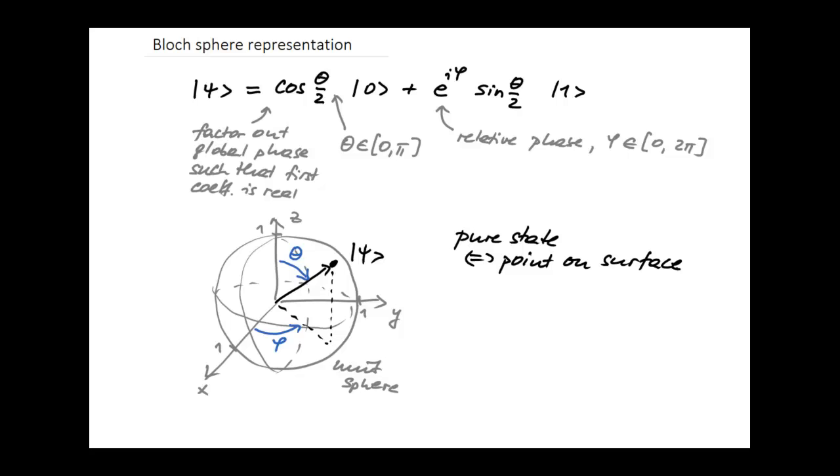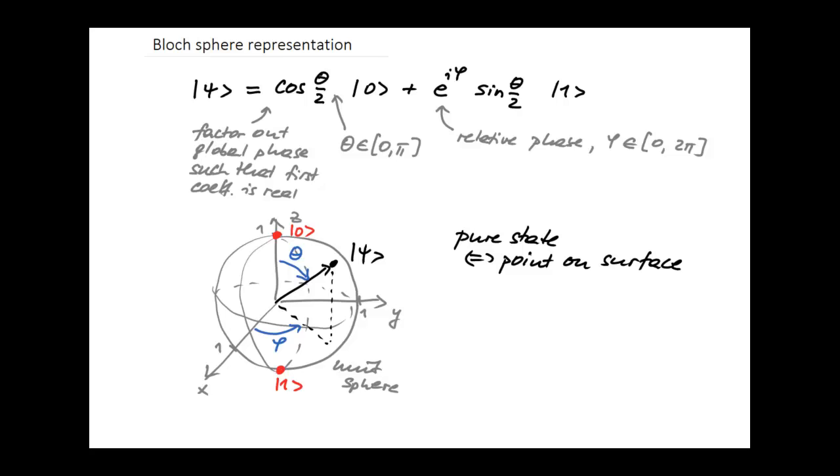The basis state 0, if you look above, corresponds to angle theta equal to 0, because then the cosine is 1 and the sine is 0. So in this pictorial representation, the basis state 0 corresponds to the north pole of the sphere, and the basis state 1 corresponds to angle theta equal to pi, because then the cosine vanishes and the sine is equal to 1.